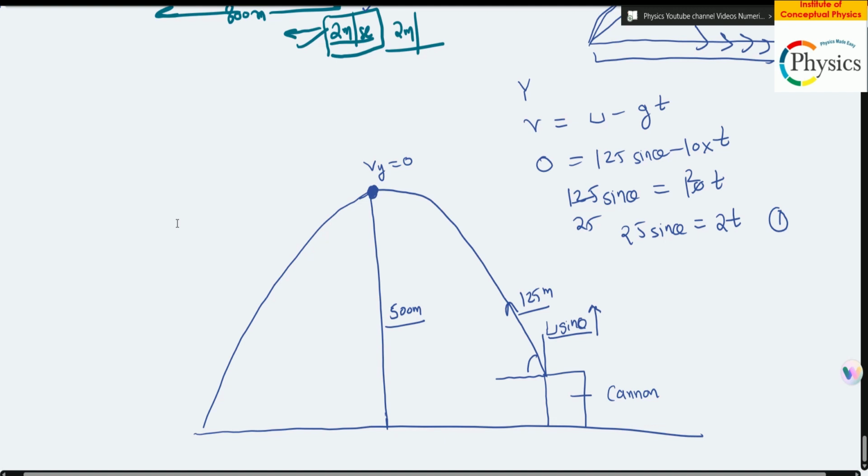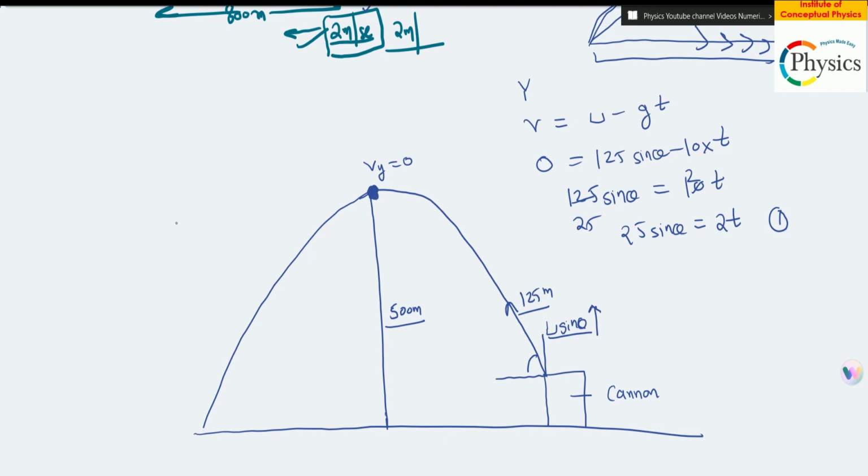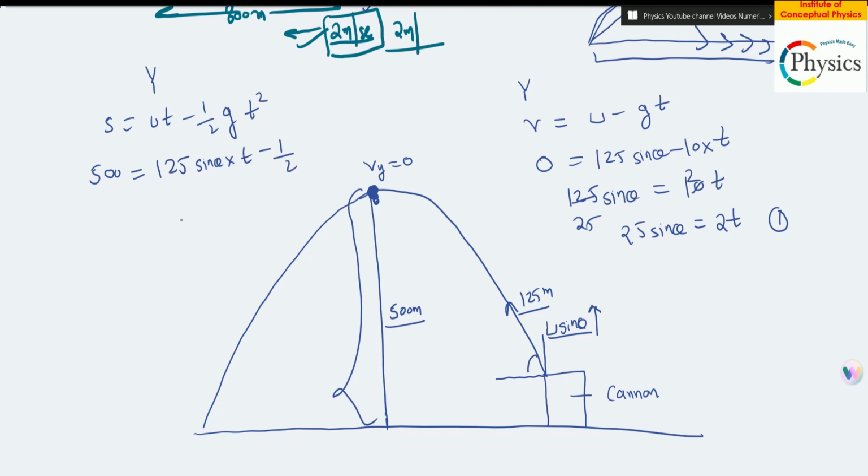And then what you want is, since the velocity here is at the highest point attained, you know the vertical distance also covered. So I will write s is equal to ut minus half gt squared. This is again the y-axis part of it. 500 is equal to 125 sine theta multiplied by t minus half into 10 into t squared. So 500 is equal to 125 sine theta t minus 5t squared, right? And then you know the value of 25 sine theta.